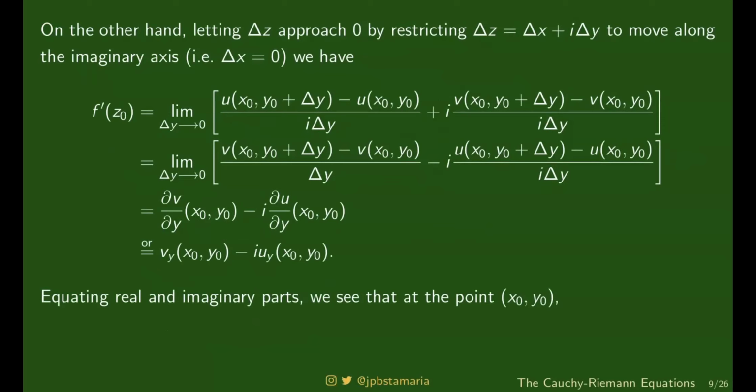Because this derivative exists, dapat yung dalawang nakuha natin equal. No? Ano ba yung kanina? Ito yung kanina. Yung derivative mo, we're computing the same derivative. Kanina, ux plus ivx.